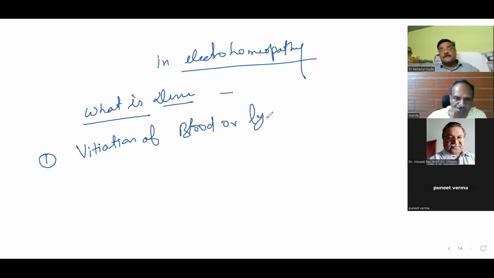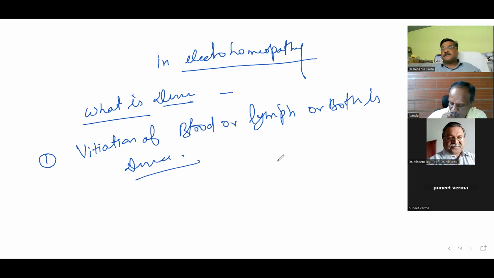Vitiation of the blood or lymph or both is disease.